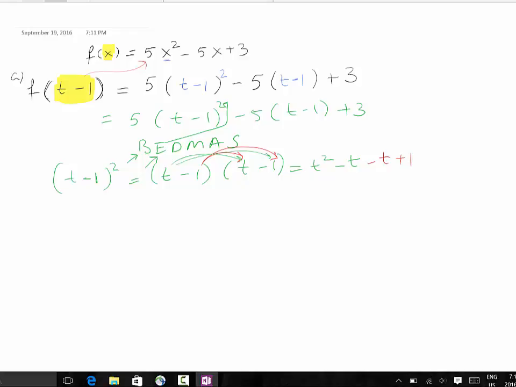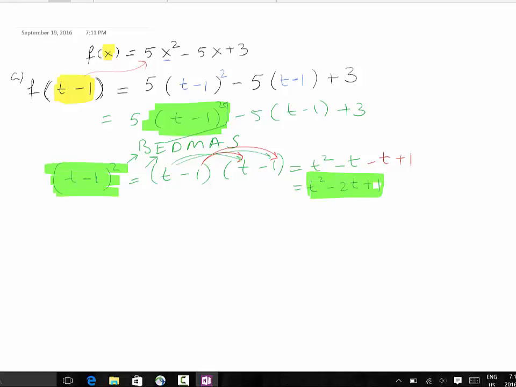So all together this comes out to be t squared minus 2t plus 1, right? So this is only this part. We have just evaluated that part of the equation.